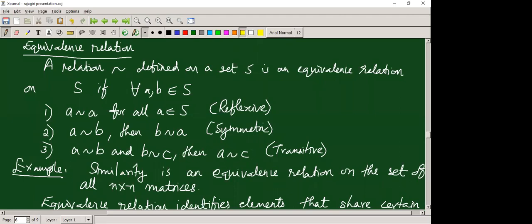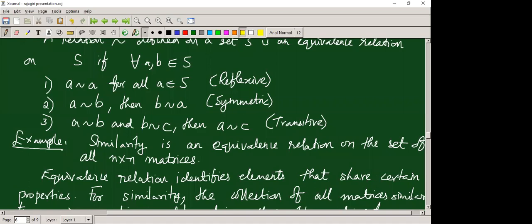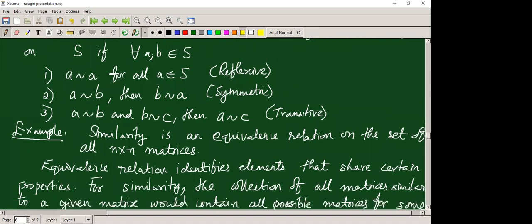So what is the specialty of equivalence relation? An equivalence relation partitions the set into mutually disjoint equivalence classes. S is partitioned into equivalence classes, and each element of S belongs to exactly one of the equivalence classes, that we all know.